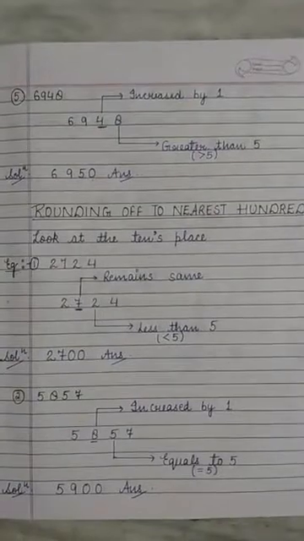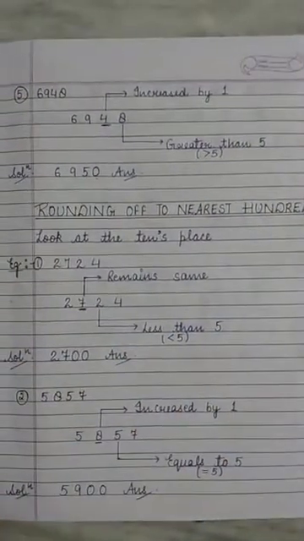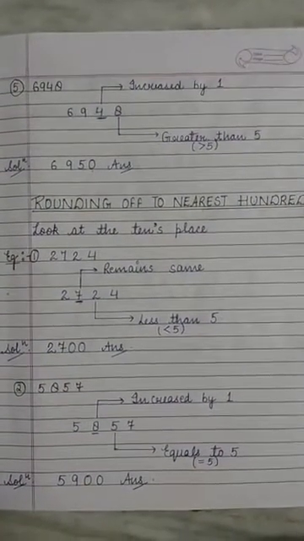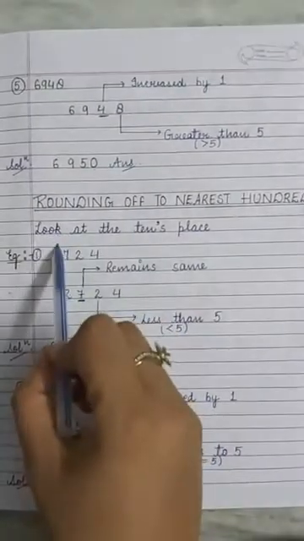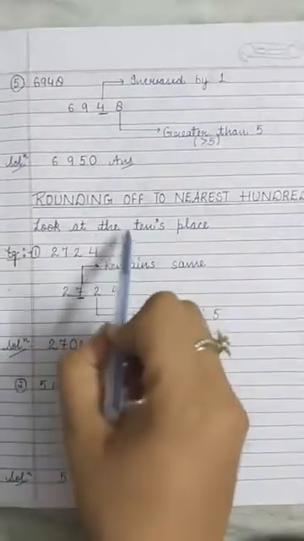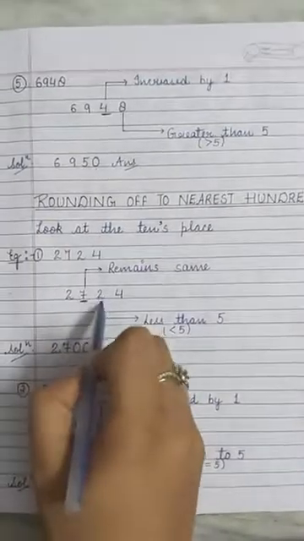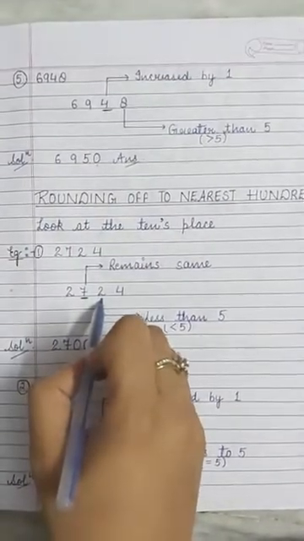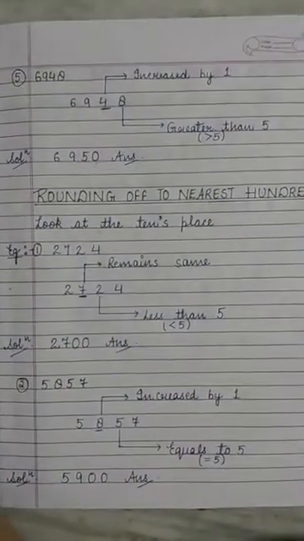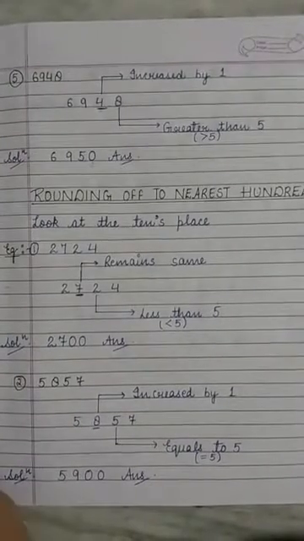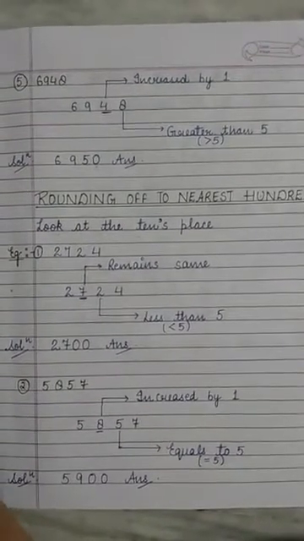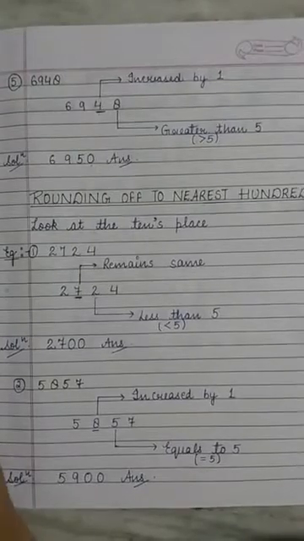Now, what will I observe? While rounding off to the nearest 100, which digit will we look at? We will look at the tens place, that is 2. Like earlier, while rounding off to the nearest 10, we look at the ones place.